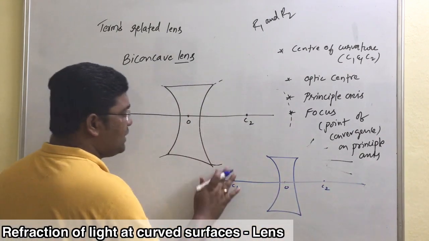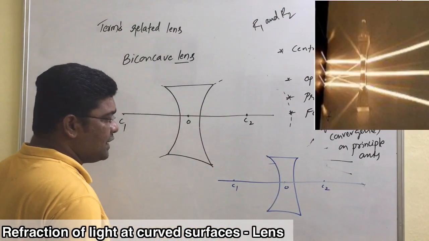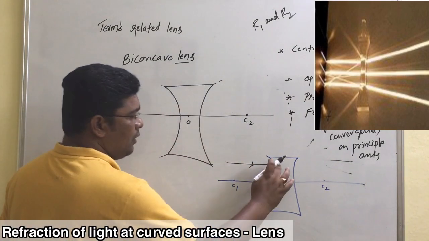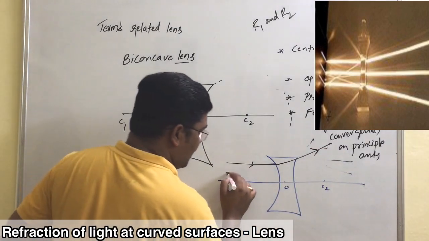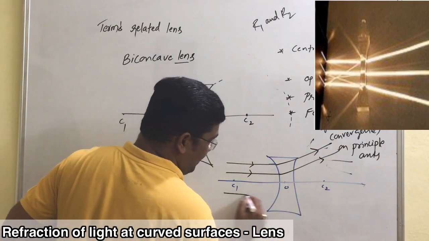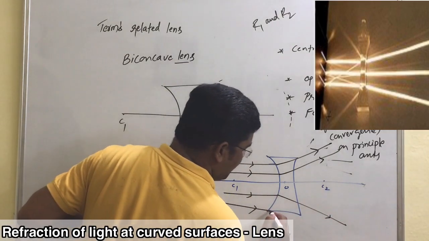Clear? Now when a set of parallel light rays falls on a biconcave lens, this is one parallel light ray, right? So what happens? It diverges. Another parallel light ray to the principal axis. So all the parallel light rays falling on a biconcave lens, what happens, students?